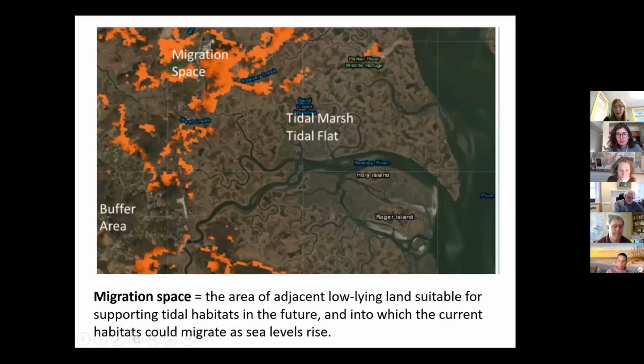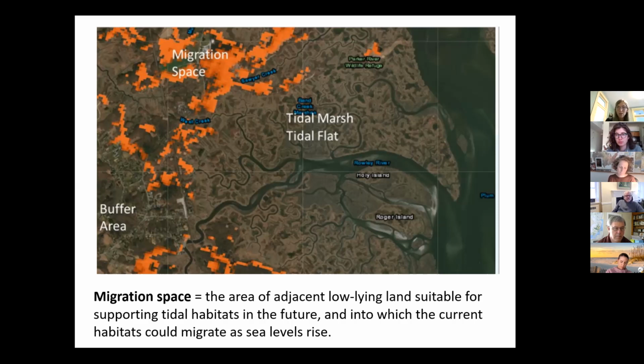And I've got lots of projections of migration space versus the extant tidal complexes. So whenever you're looking at the mapping tool, it is good to remind yourself, okay, where are we saying there's currently healthy, intact, extant tidal marsh systems or tidal systems, and where are we saying that we anticipate those being in the future?